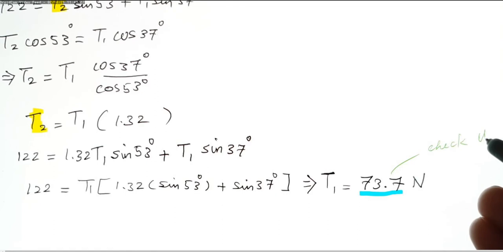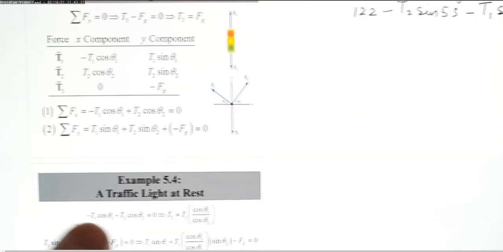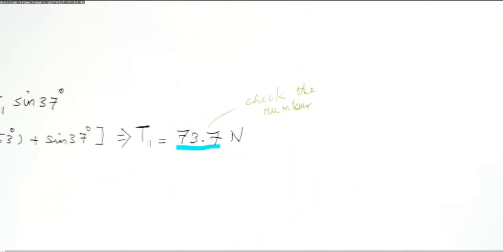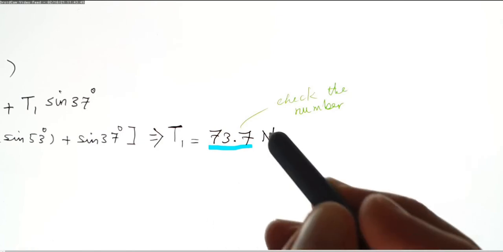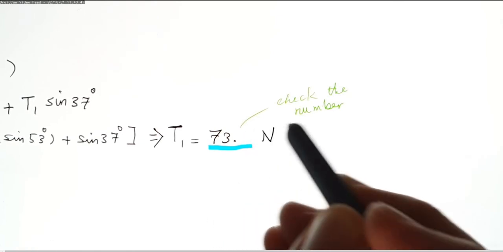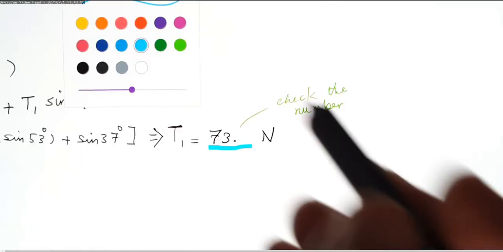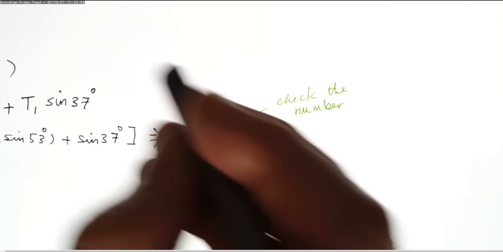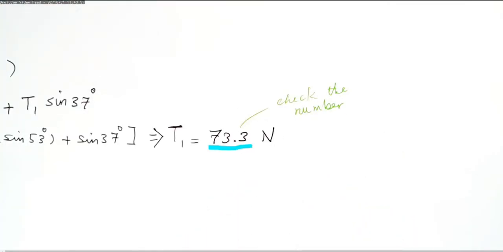Use your calculator. If you have a different number, it's not a big deal. What's the number in the book? Yeah, 73.4. So I think my number is closer than your number. So let's put it as 73.3 Newton.